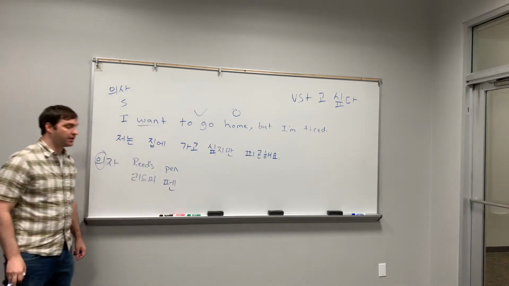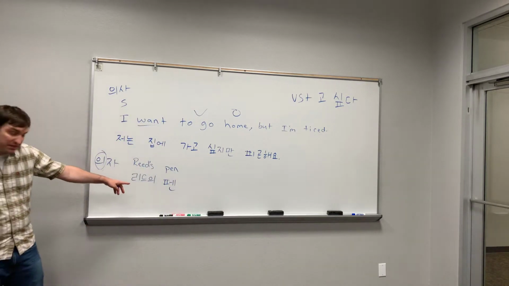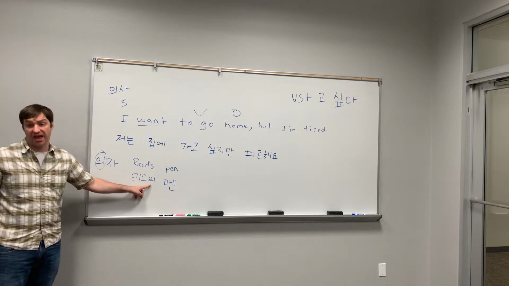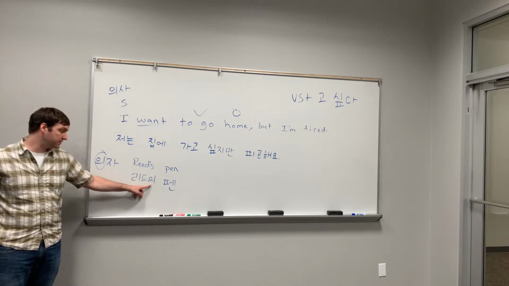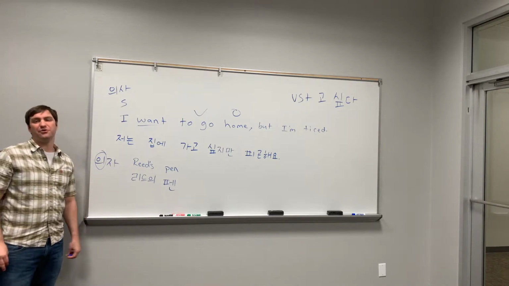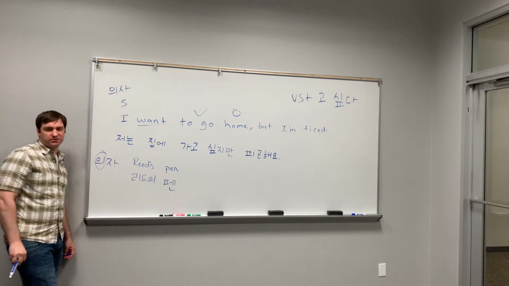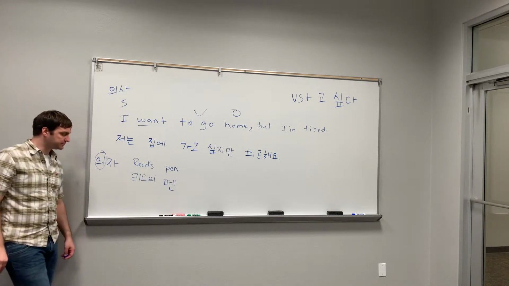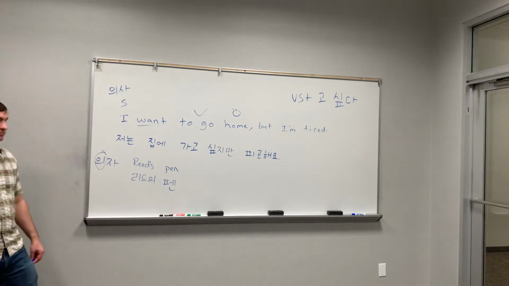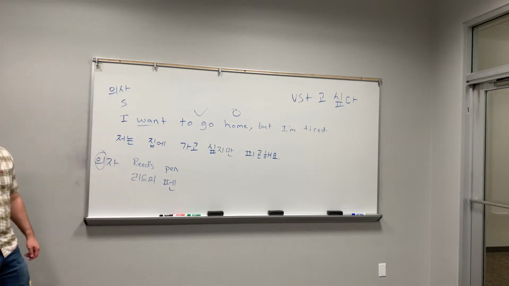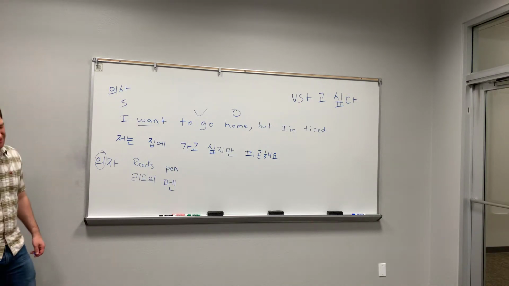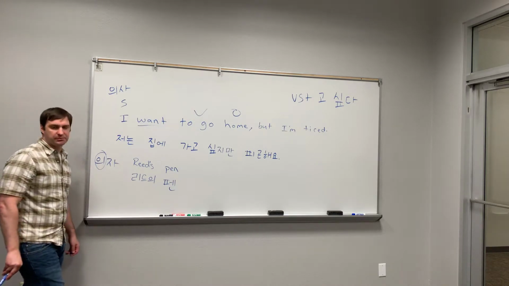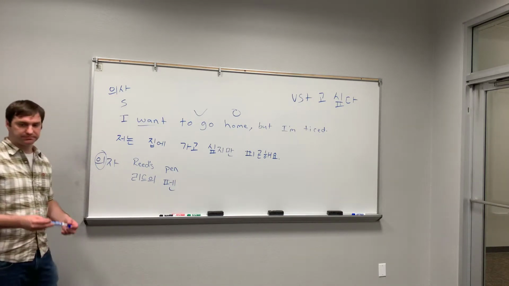When it's at the end of words like this, very often it's going to be read as 에. Now, there are some situations where that is not true. Don't worry about it. So the beginning of a word is 의, the end of a word is 에, for the most part. There are some exceptions. Don't worry about it.